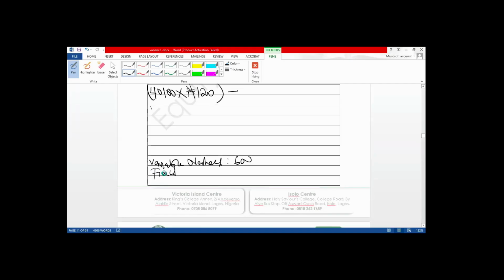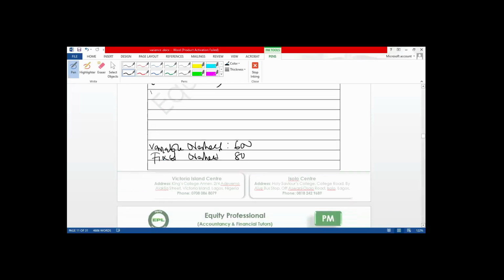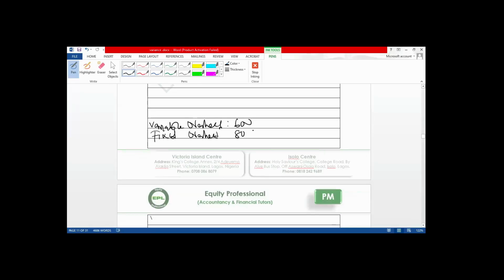Fixed overhead, 800. If I sum the two together, 1,400.